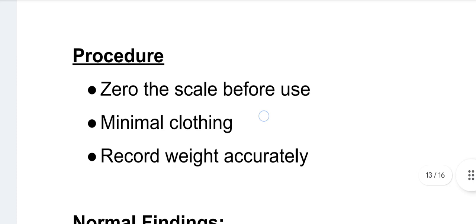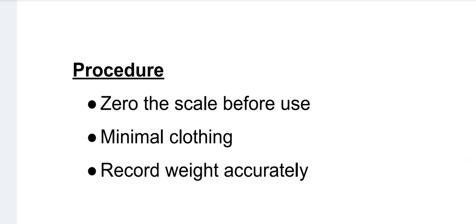The procedure when you are using the weighing scale is that you always make sure that you zero the scale before use. Zeroing the instrument has always been an emphasis, even when you are doing physics in high school. You always zero the micrometer screw gauge before use.